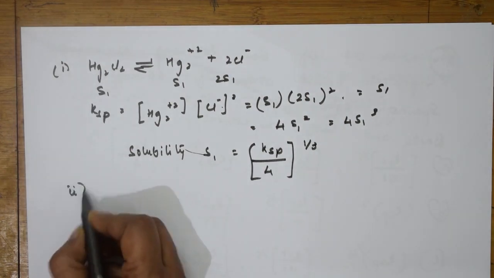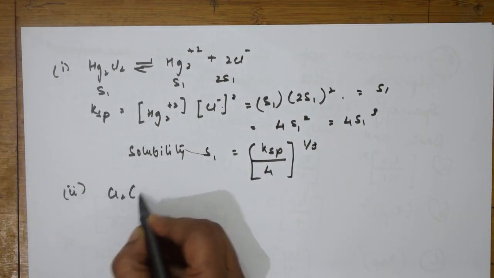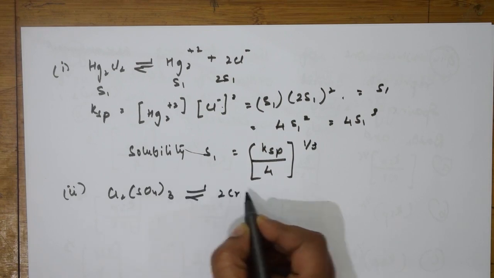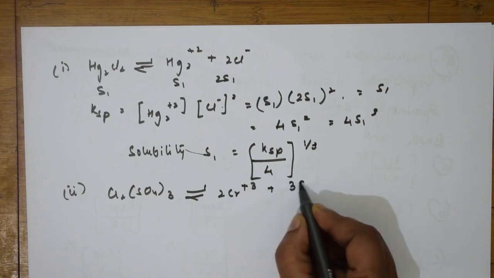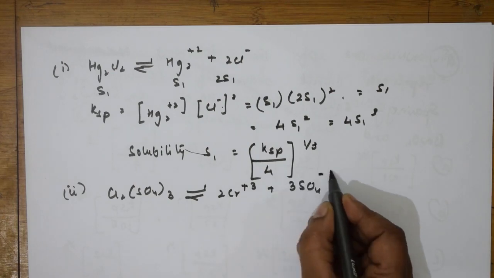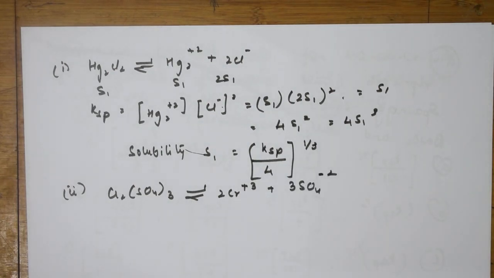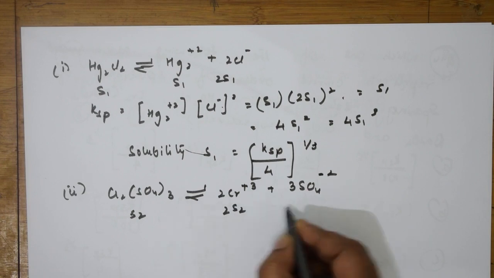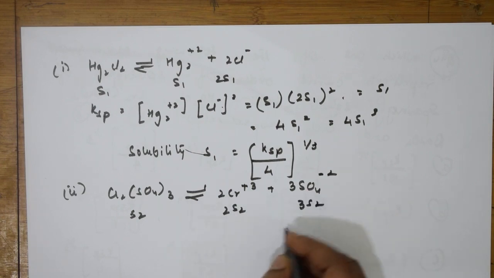Now let us find for the next one. Chromium sulfate. This will dissociate into 2Cr plus 3 plus 3SO4 minus 2. Now same thing, this will be S2. This will be 2S2. This will be 3S2. Right?